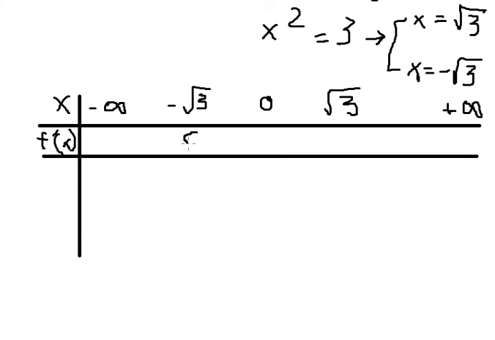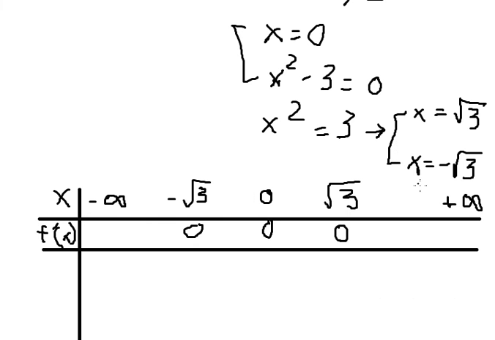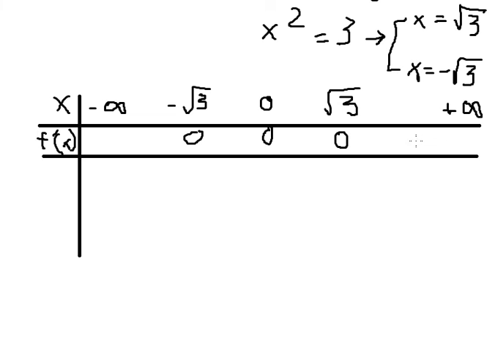So this one we have 0, 0, 0. The coefficient of the highest power is number 4, which is positive. So the sign on the right should be positive. We go in here to negative, positive, negative.